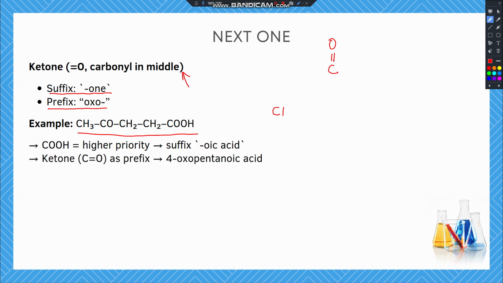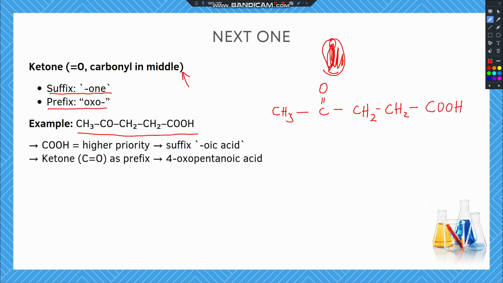We have CH3 bonded to C which is bonded to an oxygen atom. Don't mind this part, this part is not part of it. So we have it bonded to CH2, bonded to another CH2, which is bonded to COOH.